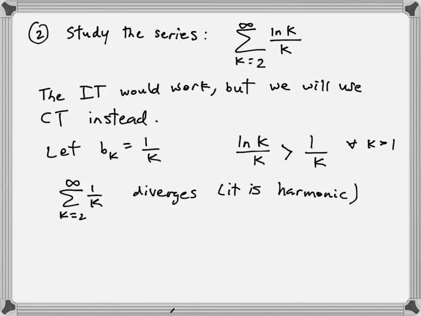You're allowed to just say that because it's a fact that we cite all the time. Or another alternative justification is you could say it's a p-series with p equal to 1, which is less than or equal to 1, because it's k to the first power. If you write either one of those down, that's totally okay.